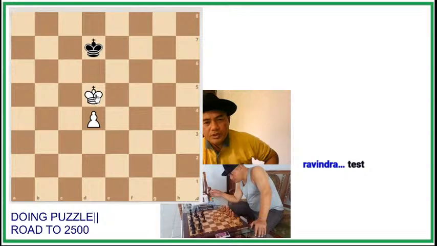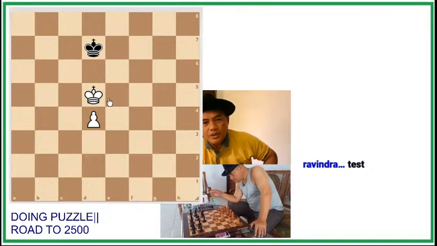Direct opposition is where the black and white kings are on one file and there's only one square in between. This is direct opposition. There is also the distant opposition.